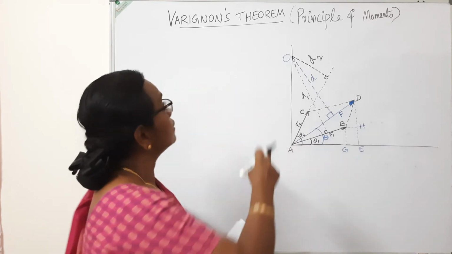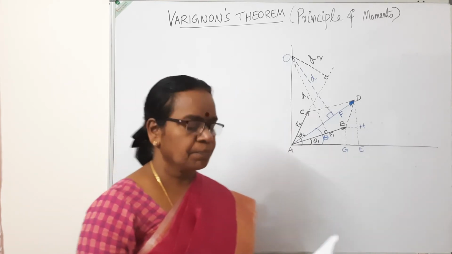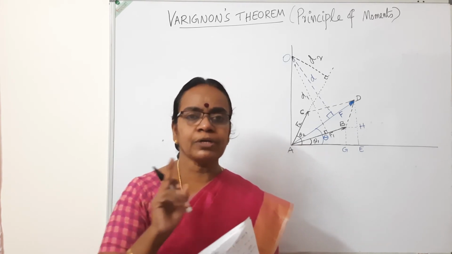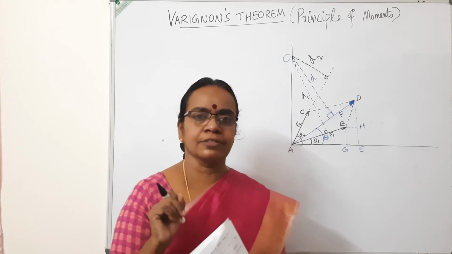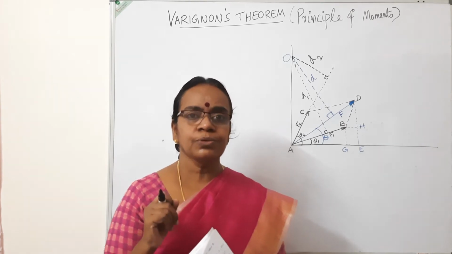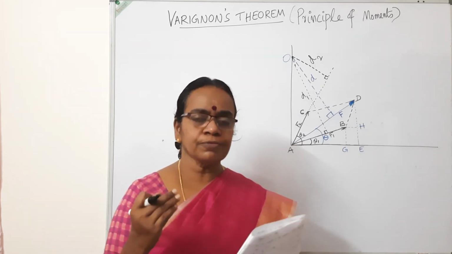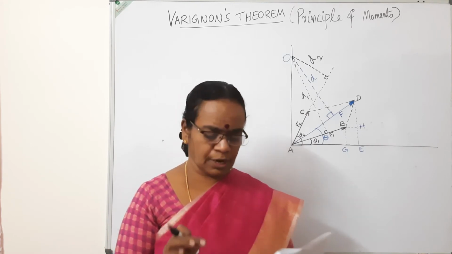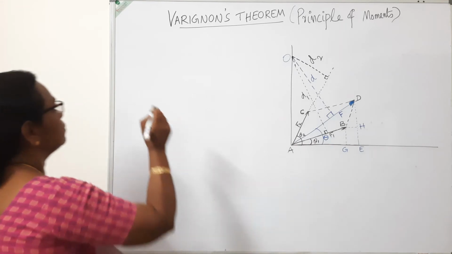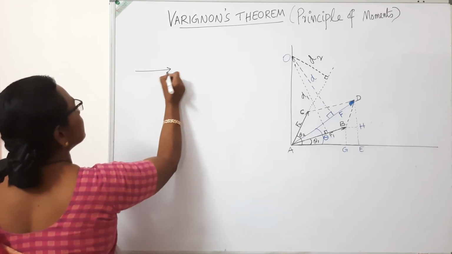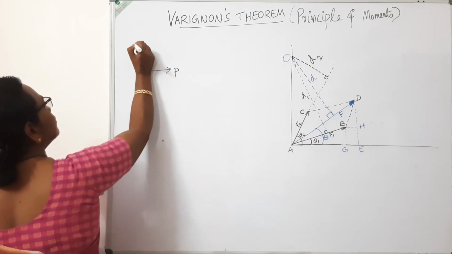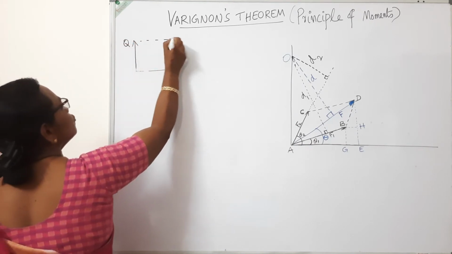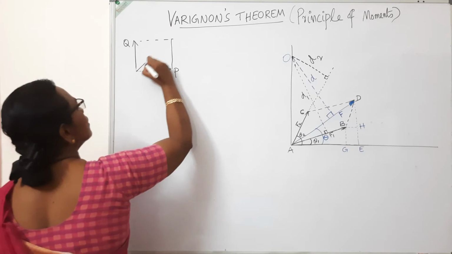That is, Varignon's theorem states that the moment of a force about a point or axis is equal to the sum of the moments of its components about that point. I will illustrate it. Say for example, there are two forces. Say there is a force P. There is another force, say Q. So the resultant of the two forces is, say, R.